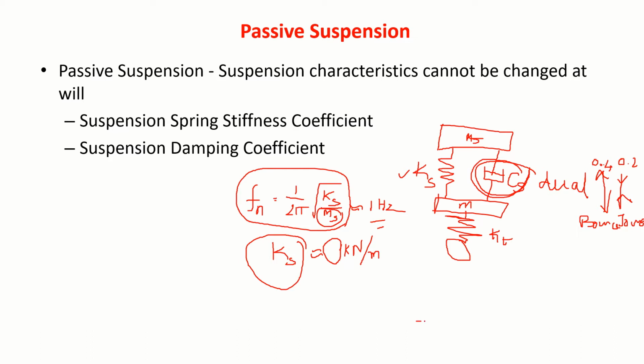For example, your car is running on a level road. So when it is running on a level road, it is necessary that we make the suspension soft.